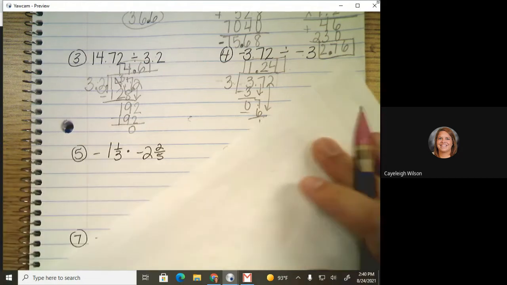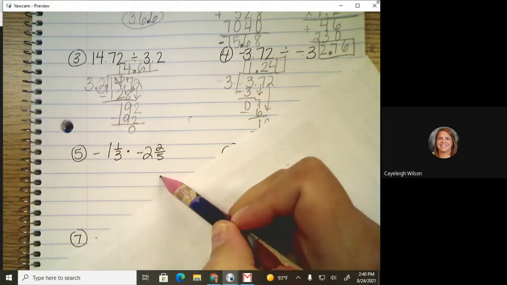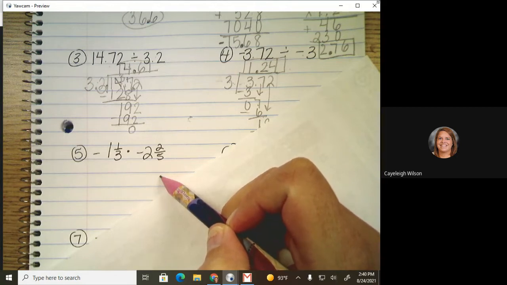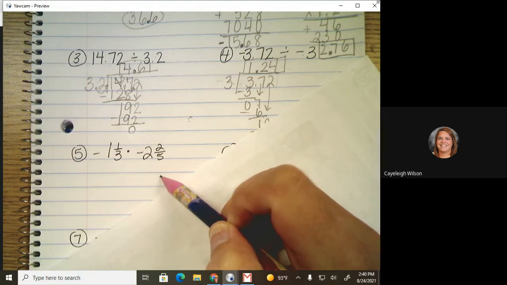All right, so I'm going to start off with this one right here, number 5. So when I multiply and divide fractions, I do not need a common denominator. So do not make a common denominator when you multiply and divide fractions. But you are going to follow your other first step, which is change mixed numbers to improper.